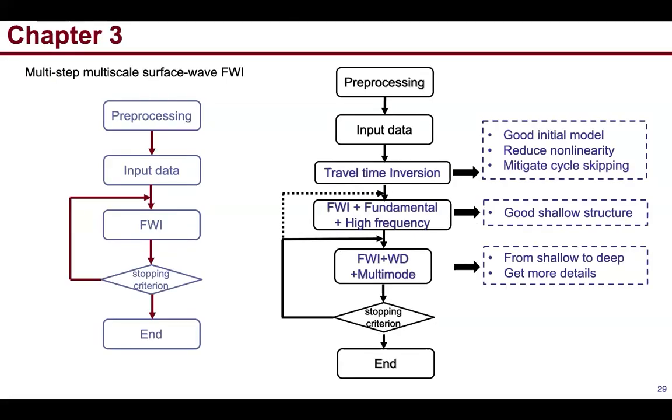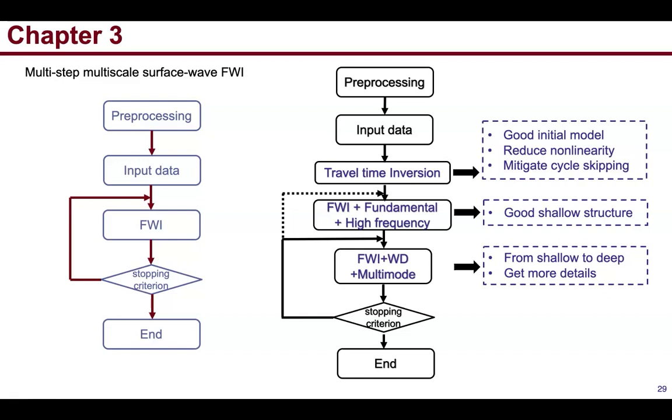So here we developed a multi-step, multi-scale surface wave FWI. On the left is a simple FWI workflow. We just conduct pre-processing of the data, and then we put the data into the waveform difference misfit function based FWI, and then we get our inversion result.